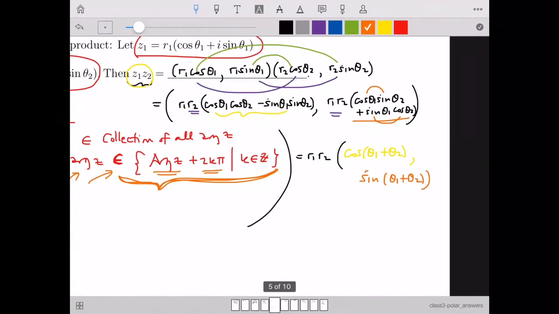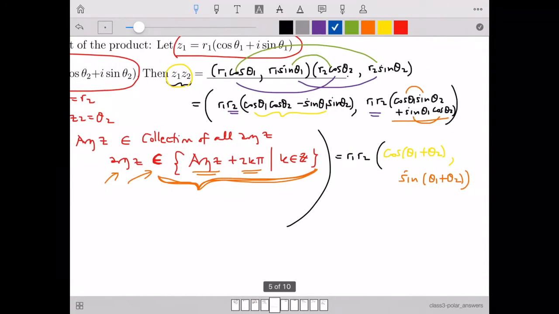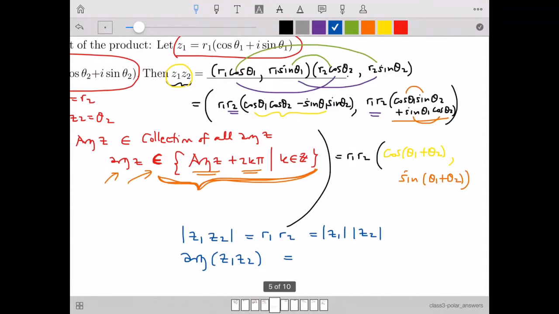So then for Z1 Z2, the absolute value of Z1 Z2 is R1 R2. That is absolute value Z1 times absolute value Z2, as we have seen earlier in your practice problem, right? And we see that an argument of the product Z1 Z2 is theta 1 plus theta 2.